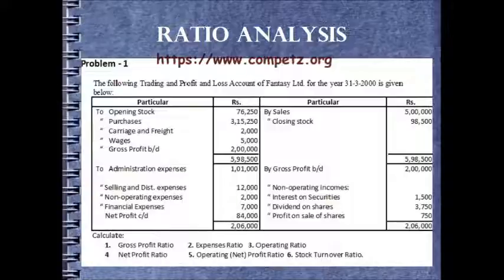This classification deals with the relationship between two items, or two groups of items, of the income statement or profit and loss account, such as gross profit ratio, net profit ratio, expenses ratio, operating ratio, etc.